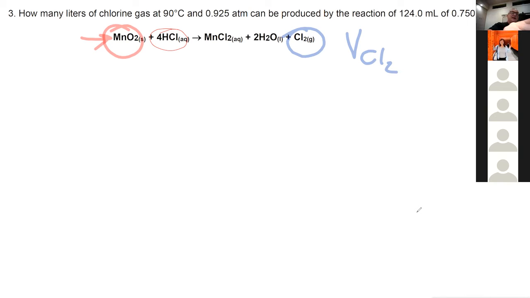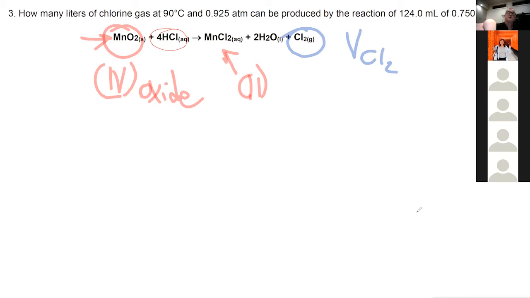So that oxide would be manganese 4 oxide. What would we call this? Manganese 2 chloride. Manganese 2, very good. Notice the difference.